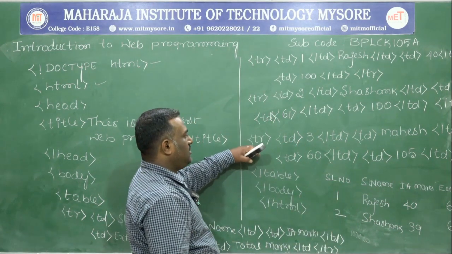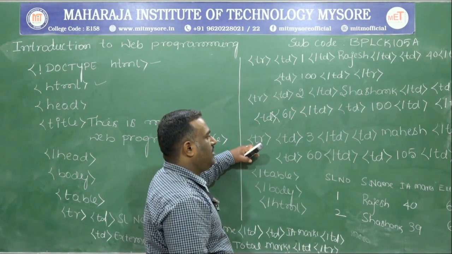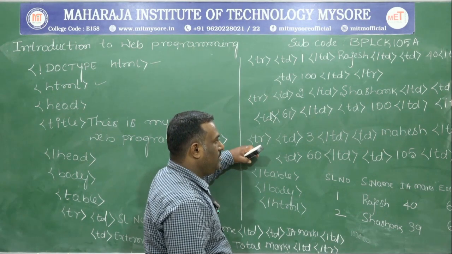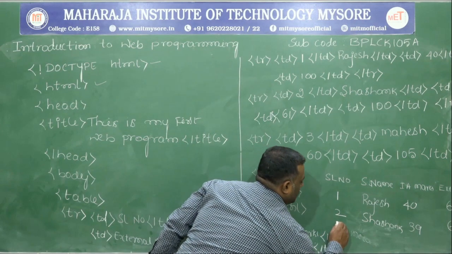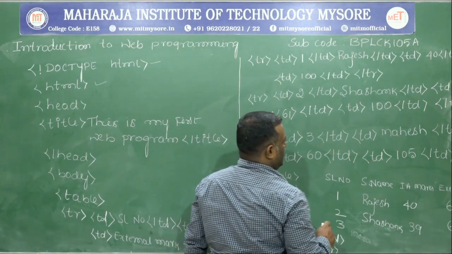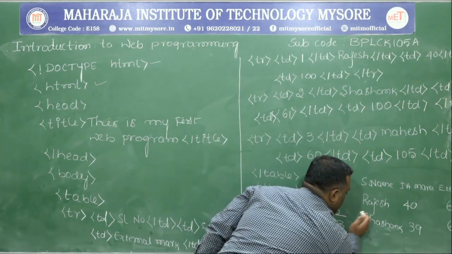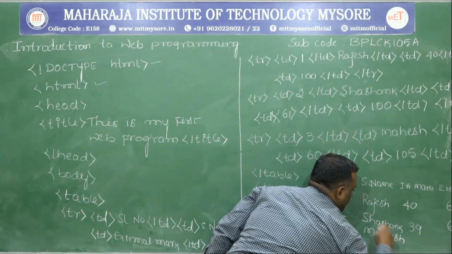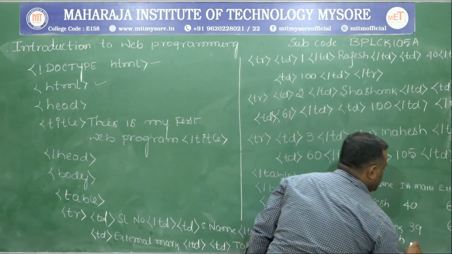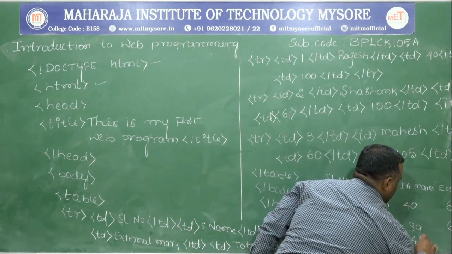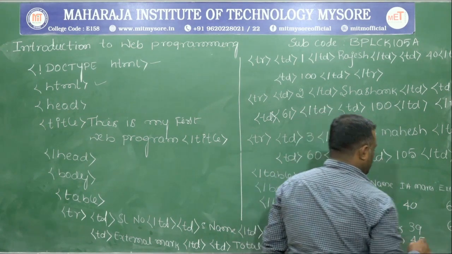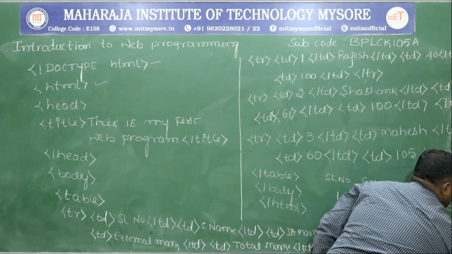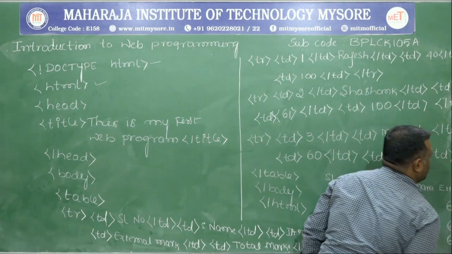In the next row, we have the data of the candidate, student name called Mahesh. Okay, next 3, candidate name, student name Mahesh, internal marks 45, external marks 65, total marks 105.